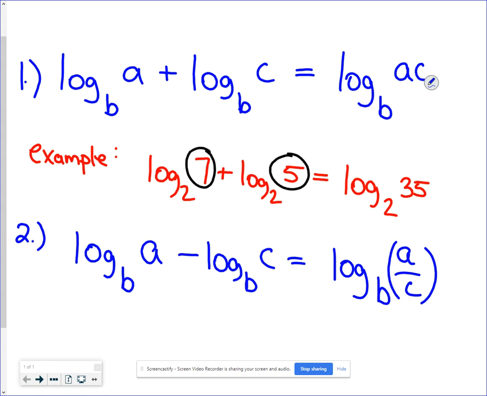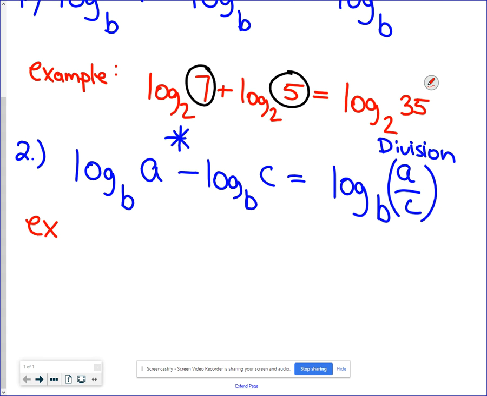So if we look at the top one, when we were adding, we used multiplication. On this new rule, we're subtracting. What do we use? Division. So let's do an example of one of these.